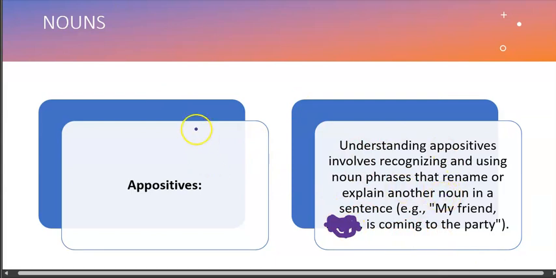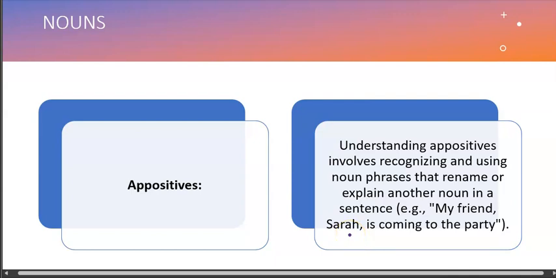But now, to show the use of appositives, it's just words that we add in a sentence, or noun phrases that rename or explain another noun. So we have my friend here as a noun, but we have another word that gives more information about the noun. So for example, my friend, but who is the friend? My friend Sarah is coming to the party. Now let me get rid of what I've drawn here.